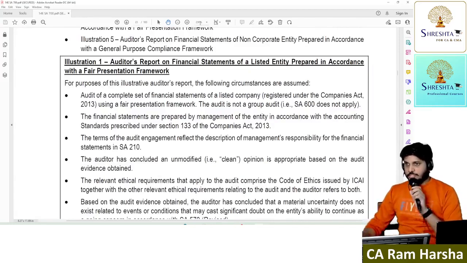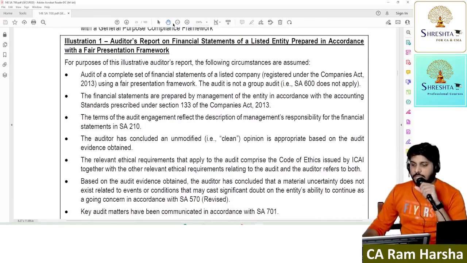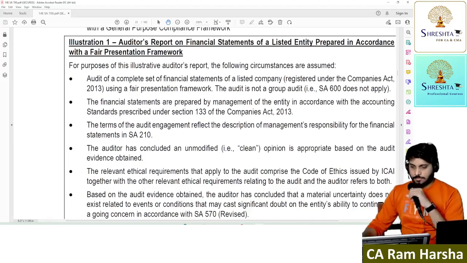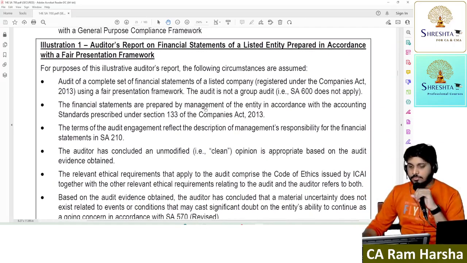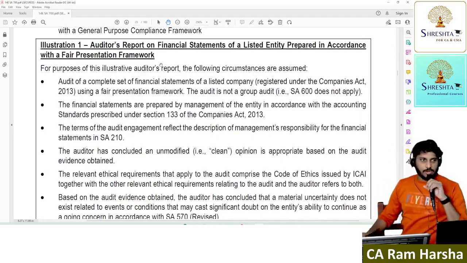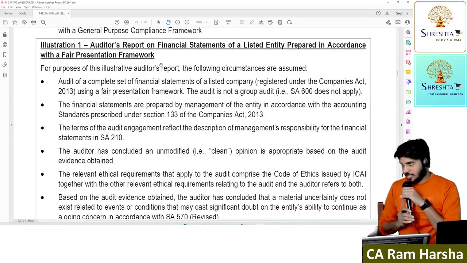If you observe, this is a pronouncement book illustration. See, in SA 700, in the pronouncement book, you have some 5 illustrations.